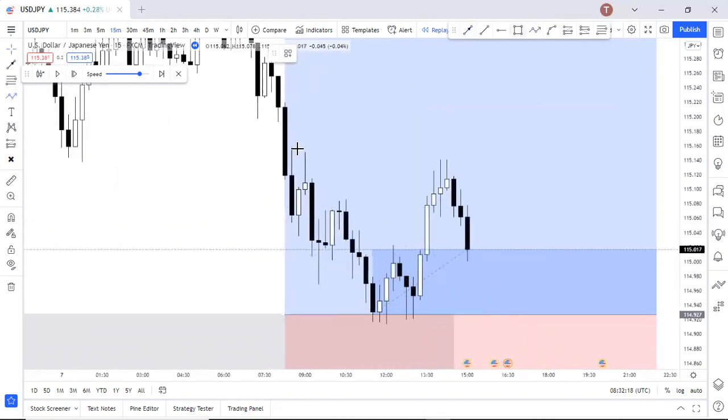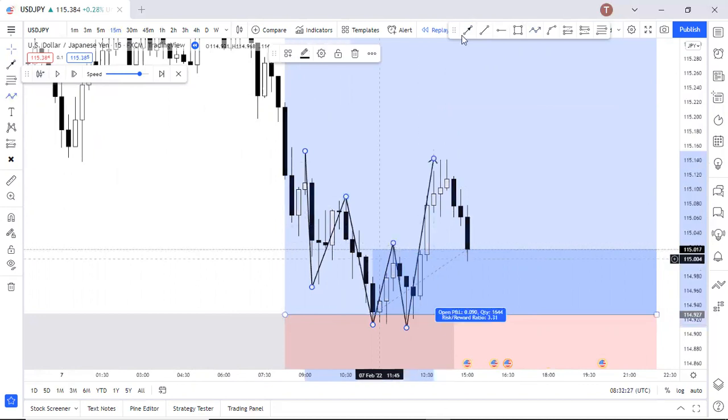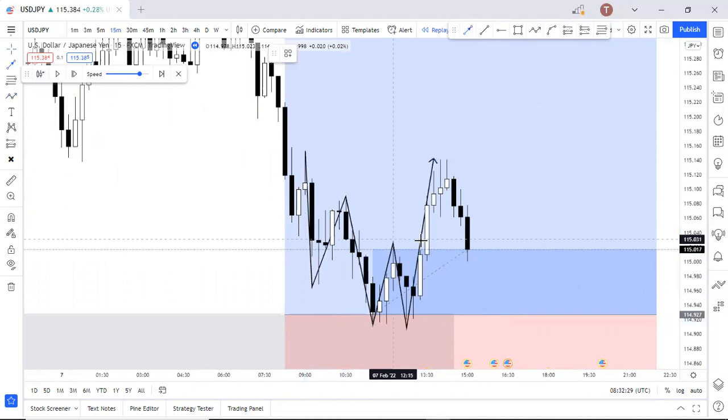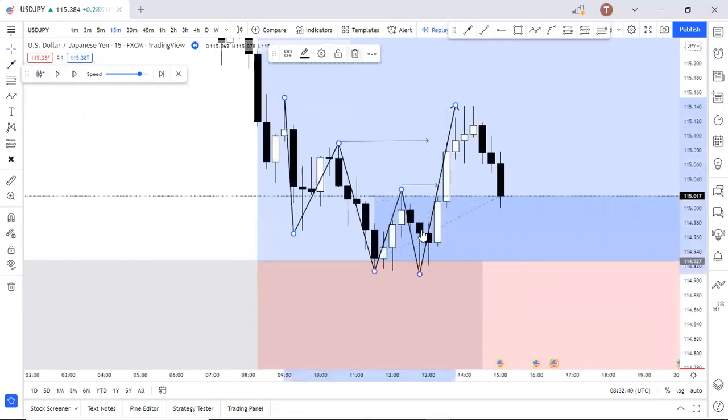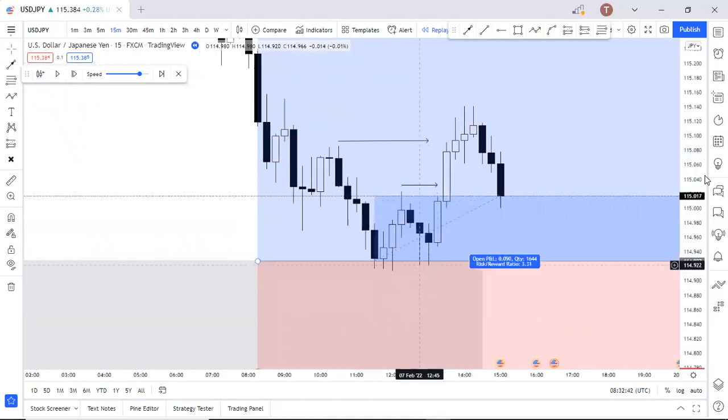If we mark out our structure from this high to this low, this high, low, high, low, the market broke above these two previous highs. This was a minor break of structure, another minor break of structure. So this was another opportunity to get an entry if we had missed this buy right here.